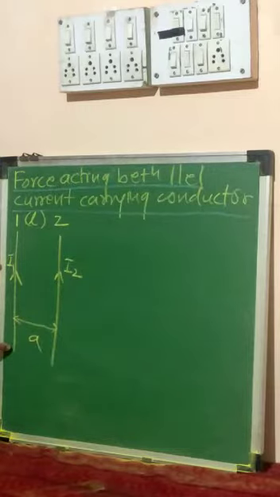So first, this is the first conductor through which current I1 is flowing. Due to the flow of this I1 current, there will be a development of magnetic field surrounding this first conductor.